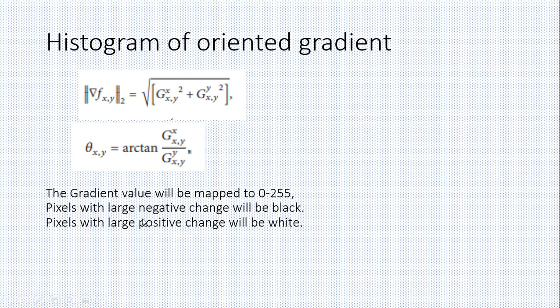The pixel which has a large negative change will be black, and the pixel which has a positive change, positive meaning from small to big value of the intensity, will be represented by white color.